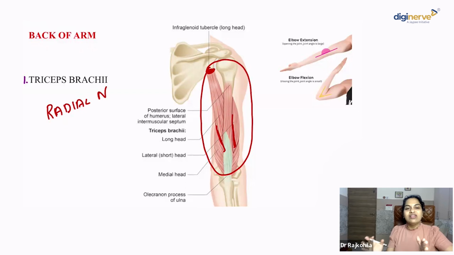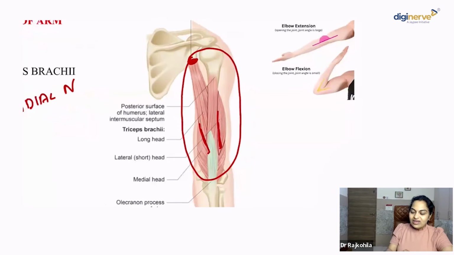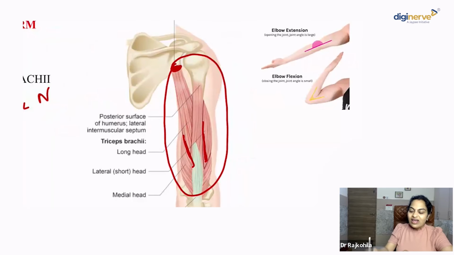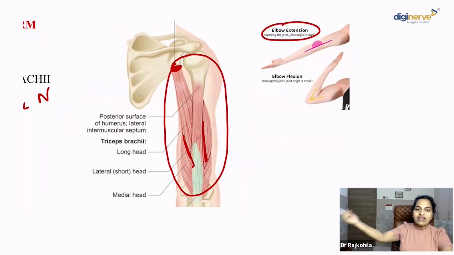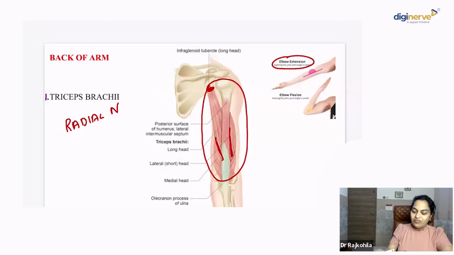That is the largest branch of the brachial plexus. It supplies the muscles over the posterior surface of the arm as well as the posterior surface of the forearm. The triceps is an extensor of the elbow joint; it straightens out your elbow.